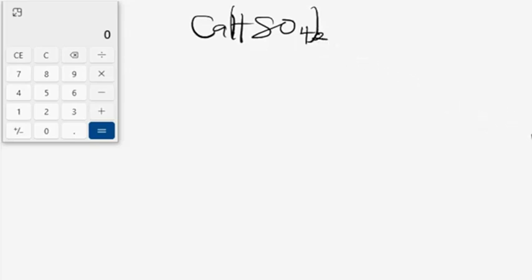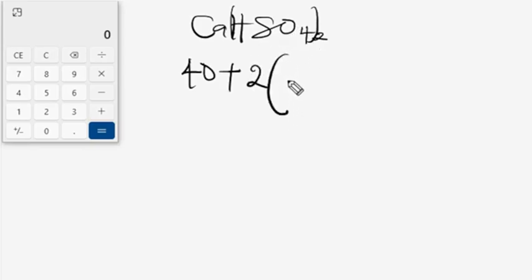This is calcium hydrogen tetroxosulfate 6. We're going to calculate the molecular mass of this compound. First of all, calcium is 40. Then we know that everything in this bracket will be multiplied by 2.